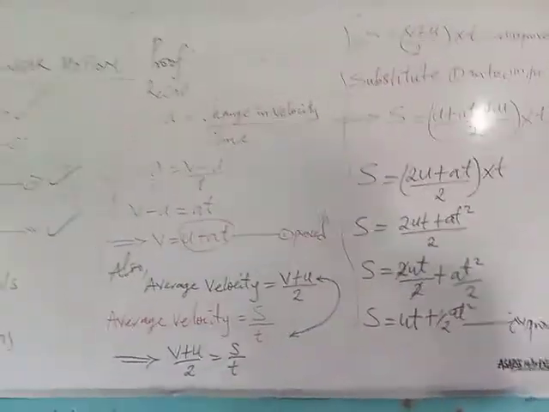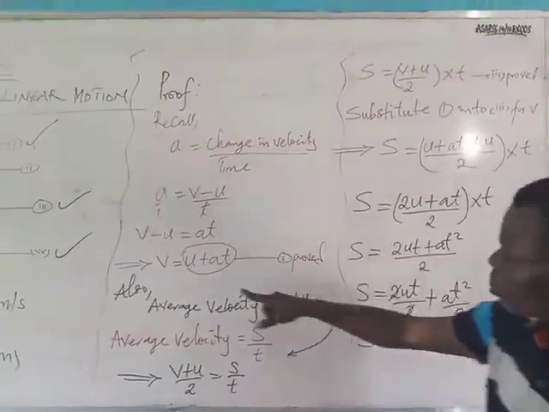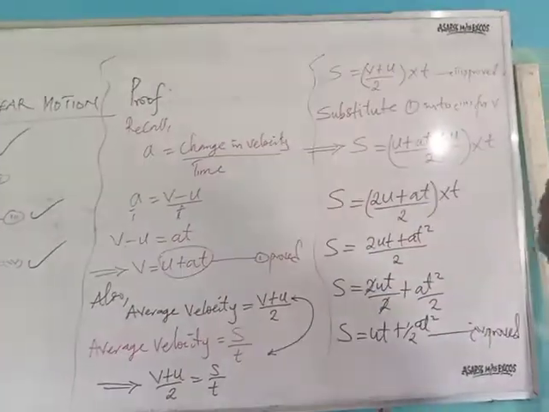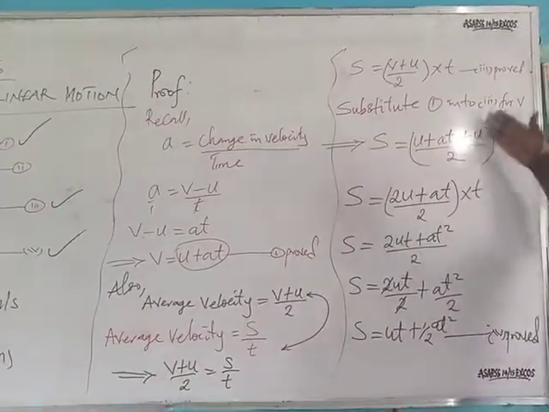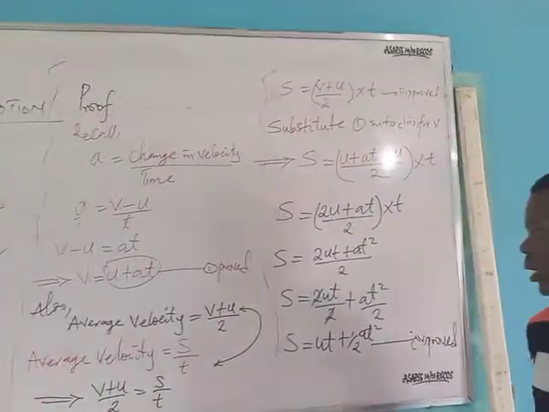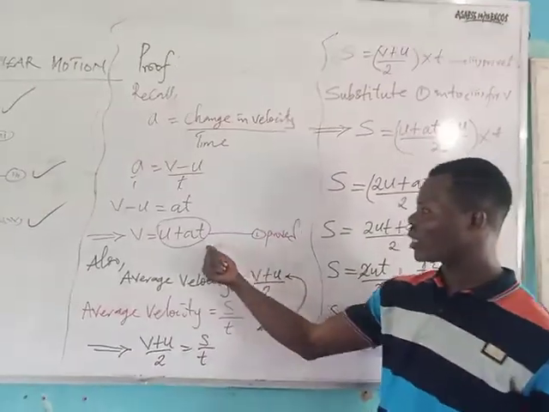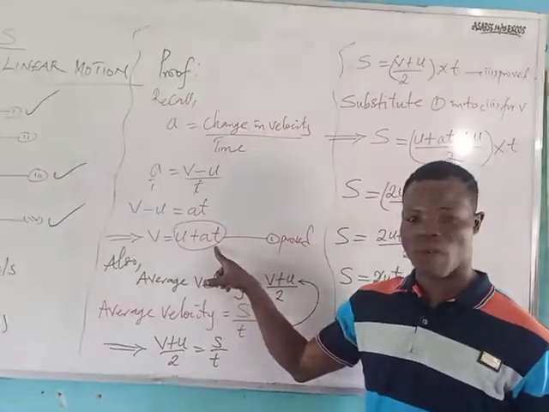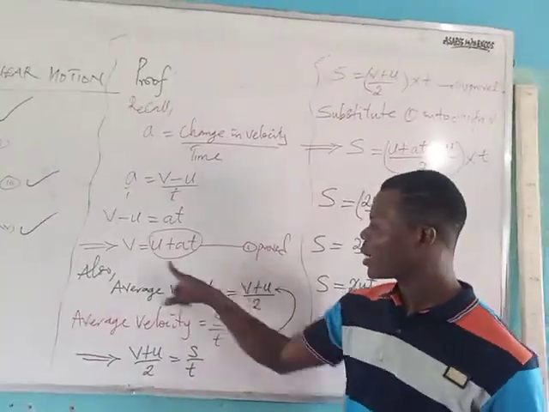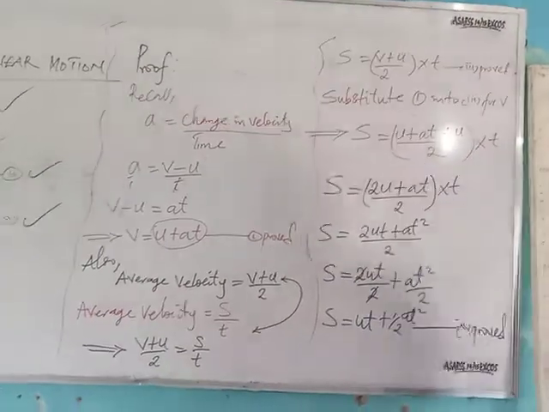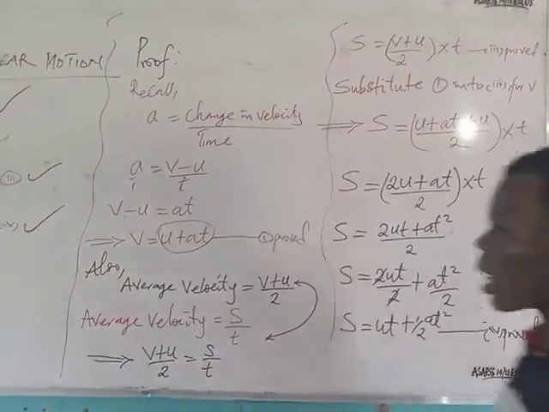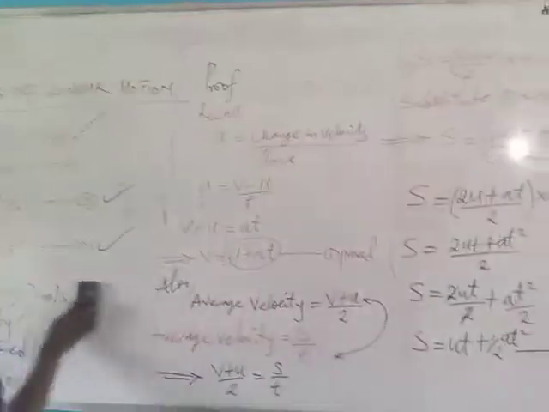What I'm saying is, since in equation 1 T is here, we can go to any of these equations that have T and substitute for T here. But let me make T the subject of the formula from equation 1. Then I will substitute it into this equation here. Let me see what I will get if that is done.